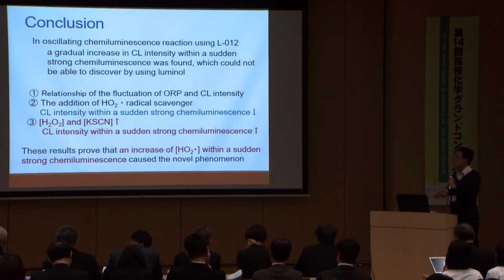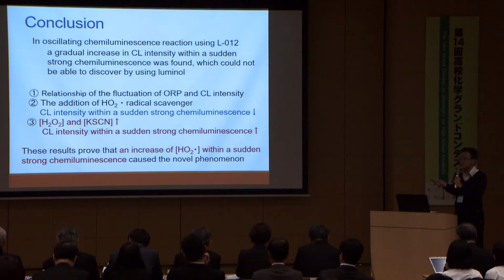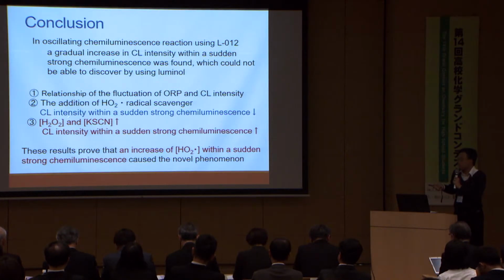So in conclusion, in the oscillating chemiluminescence reaction using L012, a gradual increase in chemiluminescence intensity within a sudden strong chemiluminescence was found, which couldn't be discovered by using luminol. The relationship between the fluctuation of ORP and chemiluminescence intensity, and the addition of the HO2 radical scavenger, led the chemiluminescence intensity within a sudden strong chemiluminescence to decrease.